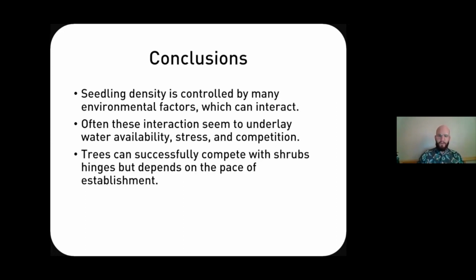And then next, trees can successfully compete with shrubs, but that hinges on the pace of establishment. So if shrubs are establishing a lot more quickly than trees, they're likely being outcompeted and not able to regenerate.